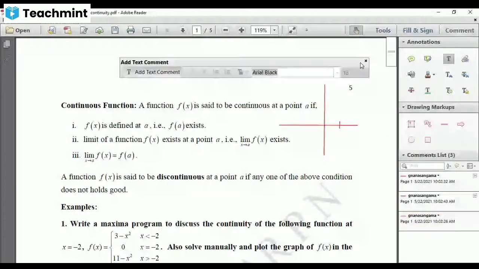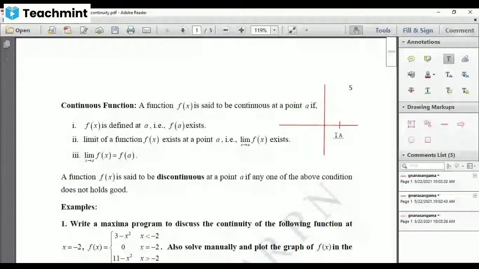That means when you put x equal to a, you have to get a value.